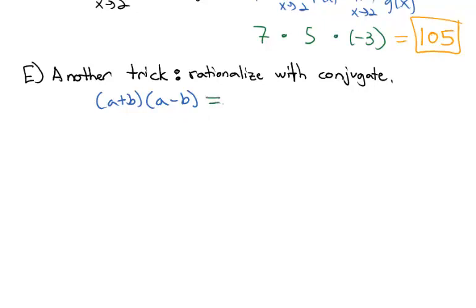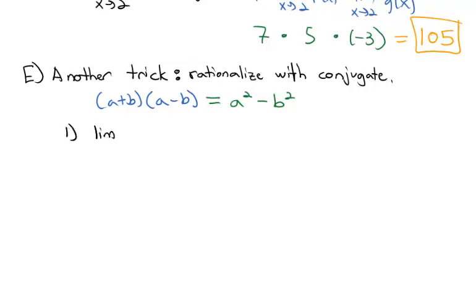The plus and minus in the center would subtract out, and that would just leave you with the square of the first term minus the square of the second term. And that was really nice when we had square roots. We got square roots out of denominators by multiplying by conjugates. Well, now what we'll do is we'll use this trick to multiply by a conjugate to get rid of an inconvenient situation.